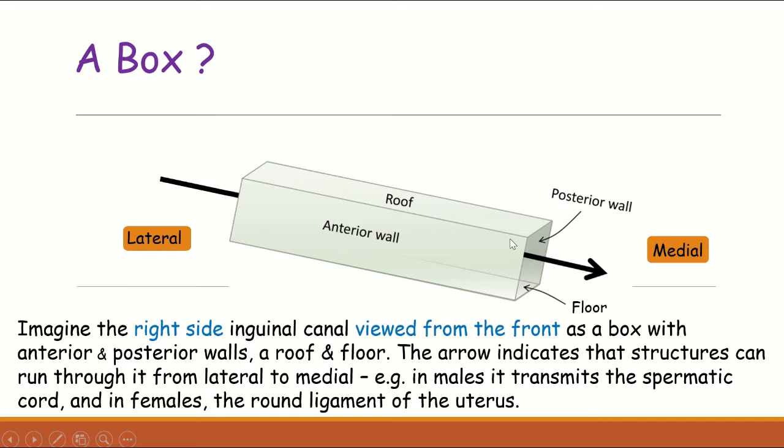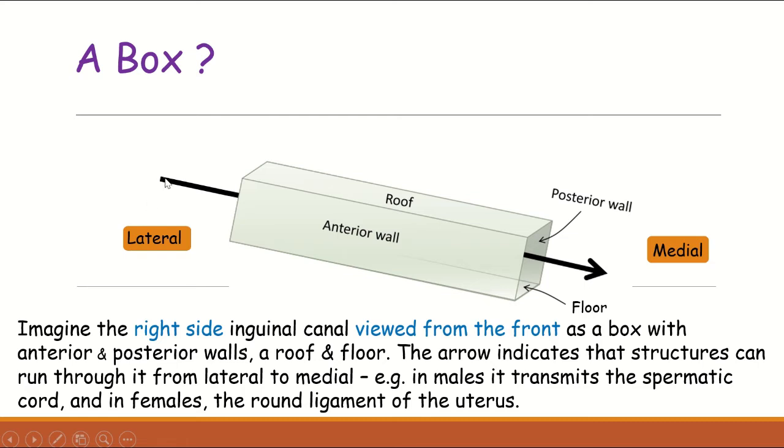So this four-sided box represents the shape of an inguinal canal, and you can see this box is tilted downward on the right side. It means this box represents the inguinal canal of the right side, with the medial end downward and the lateral end slightly upward. This is the diagrammatic representation of the inguinal canal.